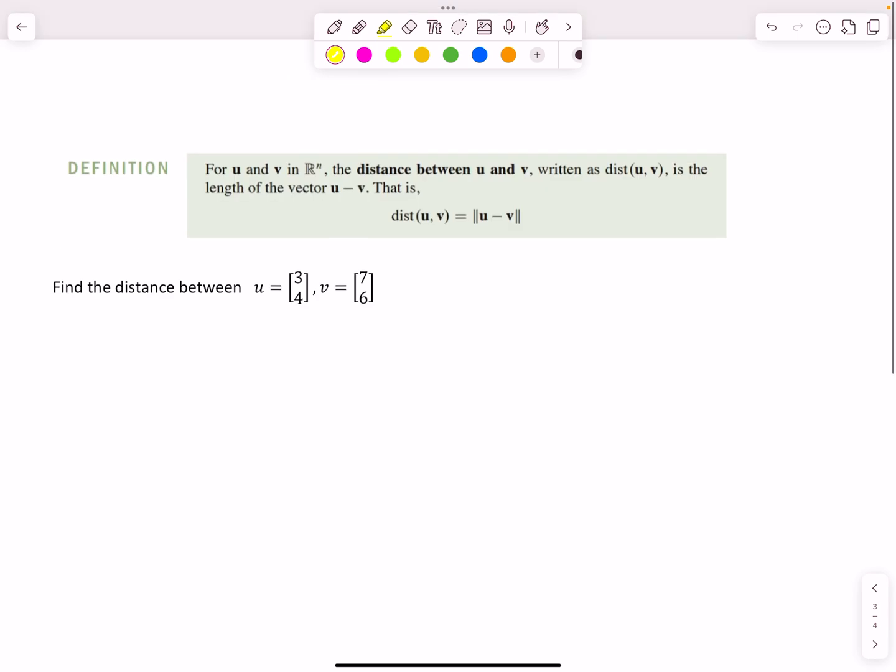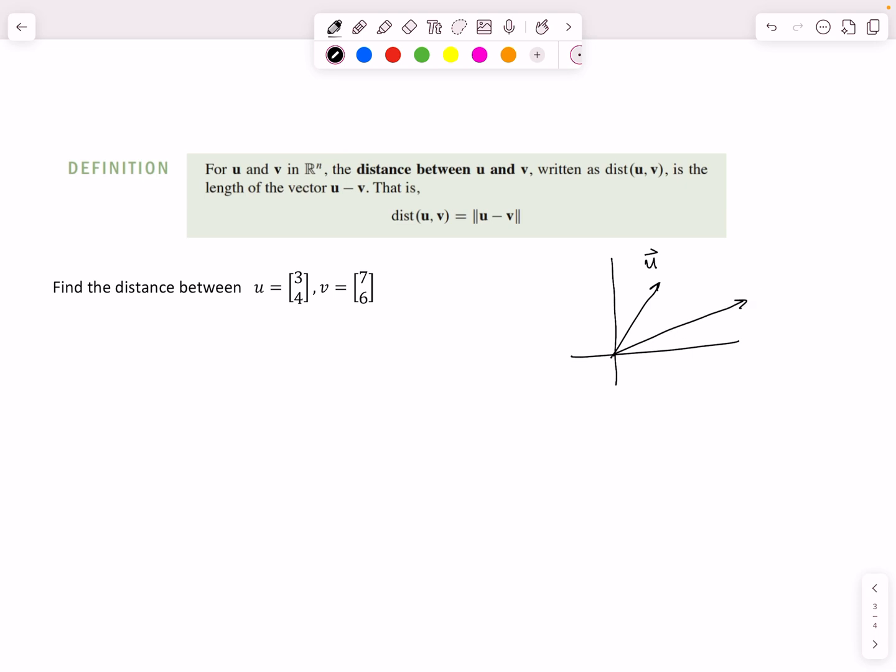So now we're going to talk about distance between two vectors. The idea behind this is if this is my u vector and this is my v vector, you've already learned that this vector is v minus u. So what you want to do is find the length.